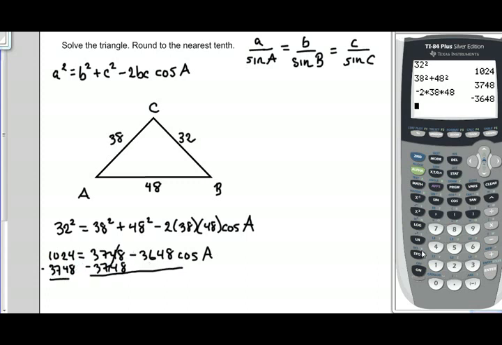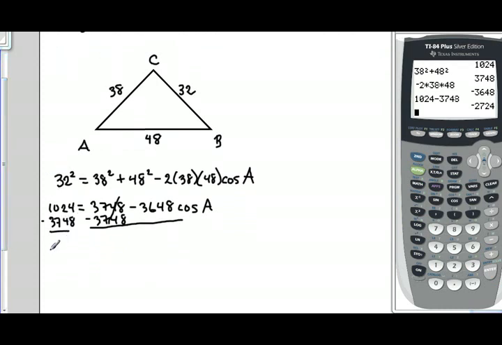All right, this of course will cancel out over here, so let's do 1024 minus 3748, and we get negative 2,724. So negative 2724 equals negative 3648 times the cosine of A. The next thing we'll do is divide both sides by negative 3648 in order to get cosine A by itself.